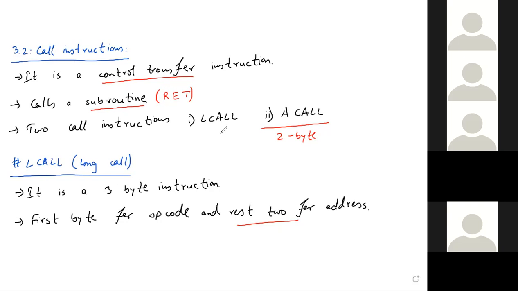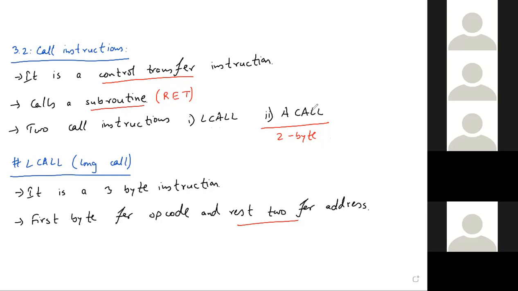Sir, can you repeat the difference part again? The difference is your long call is a 3-byte instruction and A call is a 2-byte instruction. So in long call, the first byte is for the opcode and the rest 2 signify the address, I mean, where you want to go, where you want to transfer the control. That is for the rest 2 bytes.